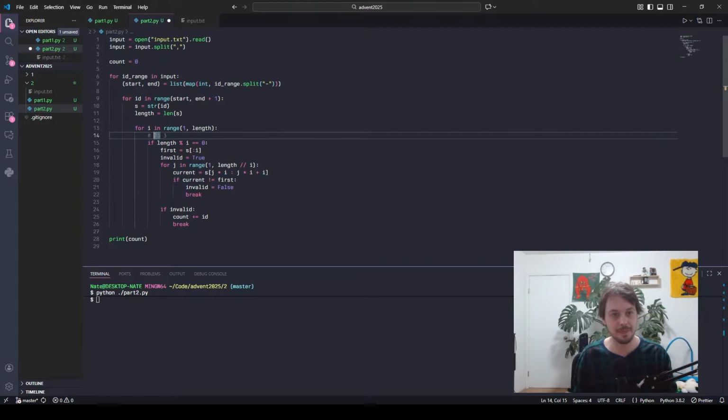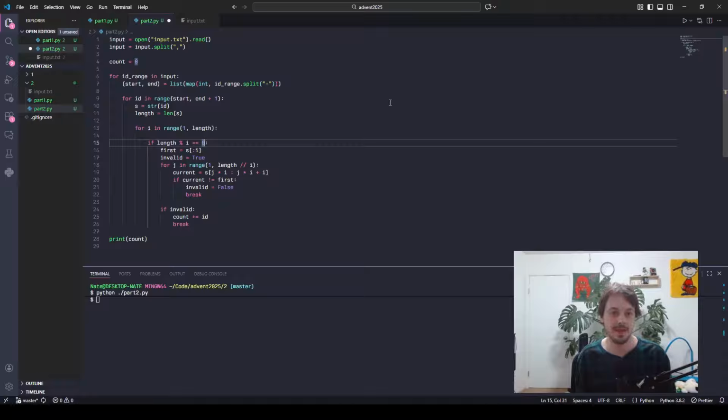If I was trying to split it into groups of 2, it wouldn't work out right. If my string was 4 digits long, then I could split it into groups of 2. So I'm doing a little modular action here to see if I can split it evenly.